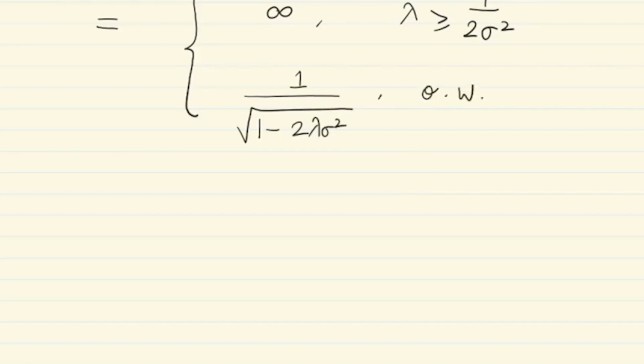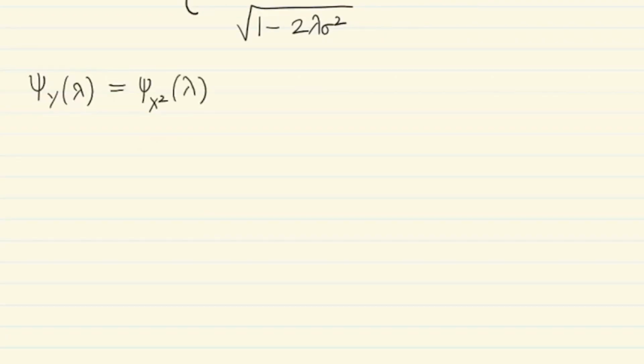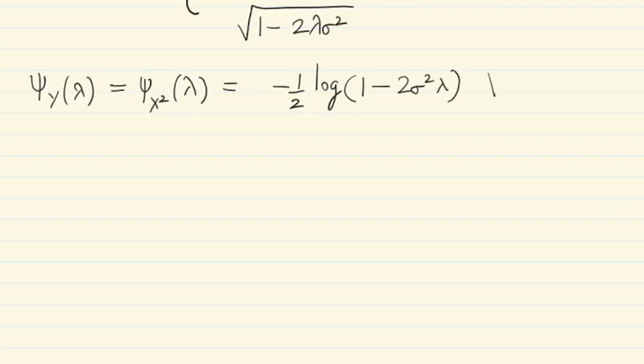Okay, so if lambda is smaller than this critical value, this means that Cy of lambda, which is Cx square of lambda, is equal to minus half log 1 minus 2 sigma square lambda for lambda less than 1 by 2 sigma square.